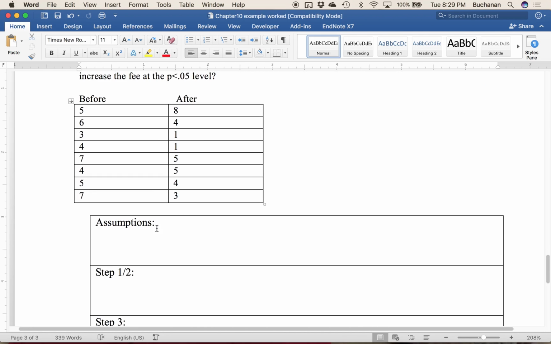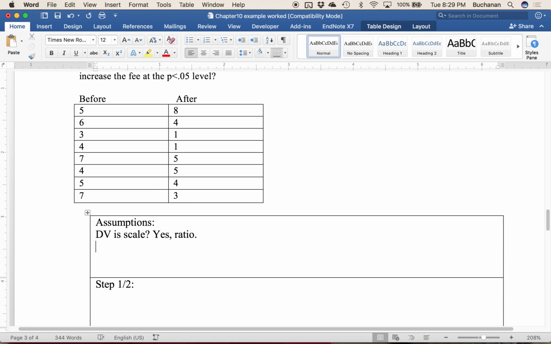So here are my scores. First assumption, DV is scale. Yes, we could have a ratio scale, number of bags of trash. Can I randomly select? Yeah, I own the trash business, where I could randomly pick which house to monitor after increasing the fee.